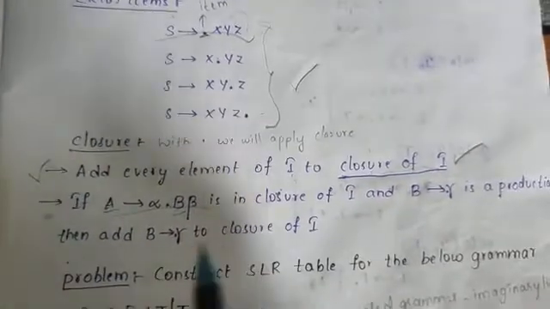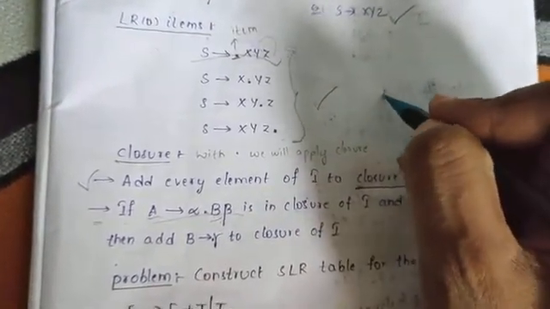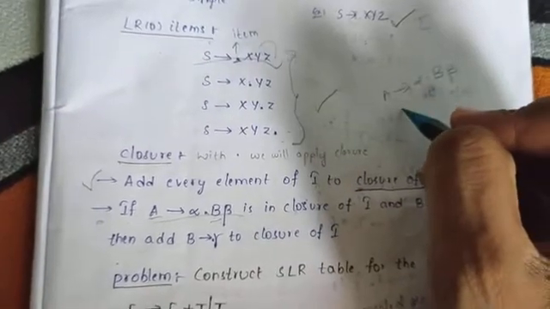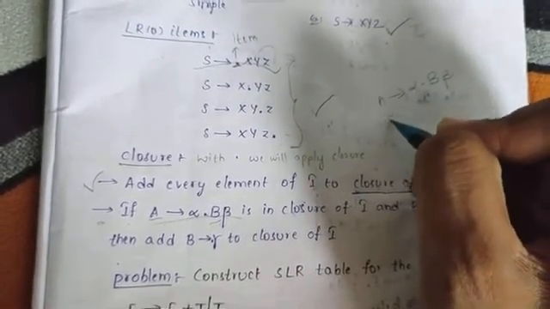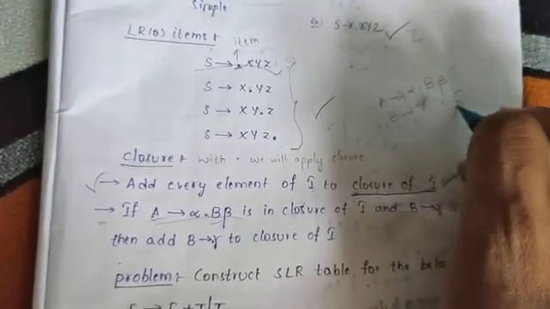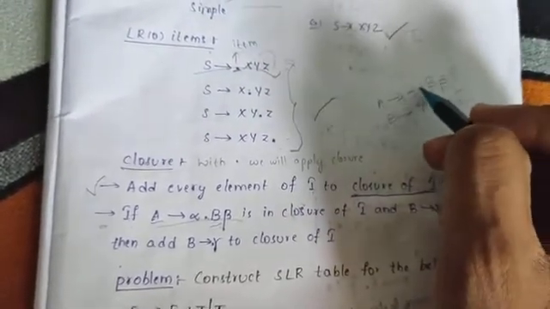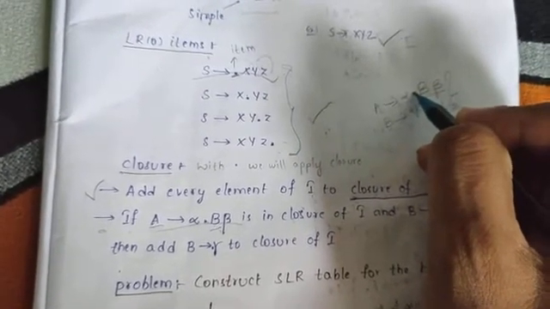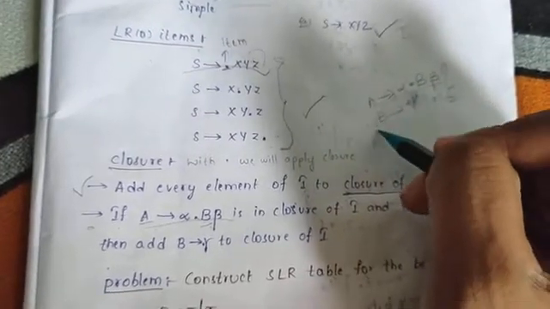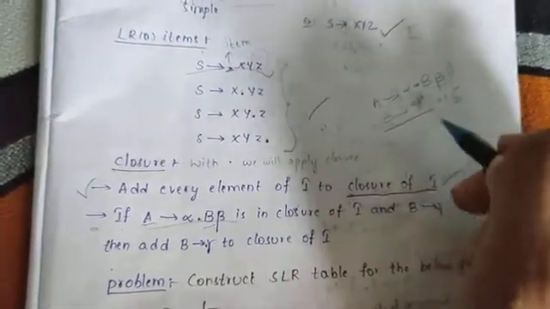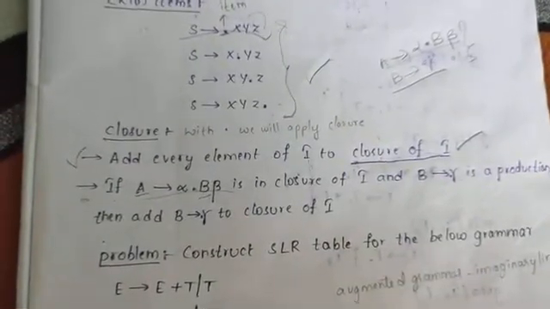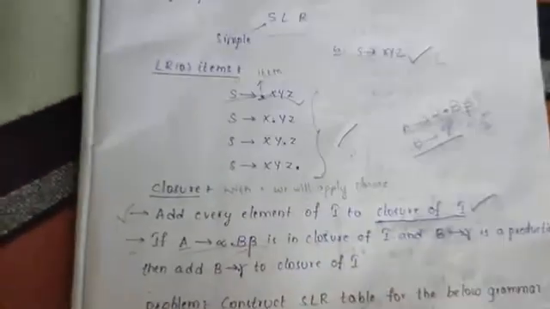For example, imagine the productions A tends to alpha dot B beta and B tends to gamma. These are the two productions. If the dot is before the non-terminal B, then the production of that non-terminal is also added to the closure of I. That will be explained with the problem, so don't worry. These are the three important points.